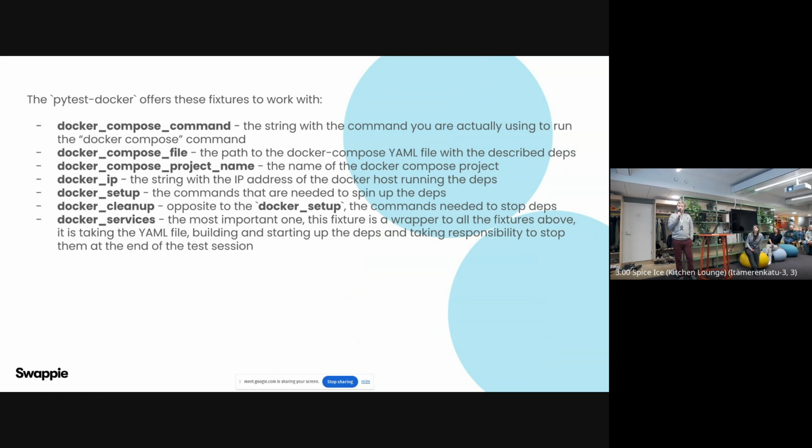You can do whatever you want. So you are in control here. The first one is just a fixture that contains a string, just the command, actually just docker compose, if I'm not mistaken. Docker compose file is the path to the YAML file that is describing the dependencies, and so on. I'm just not going to stop here so you can read.